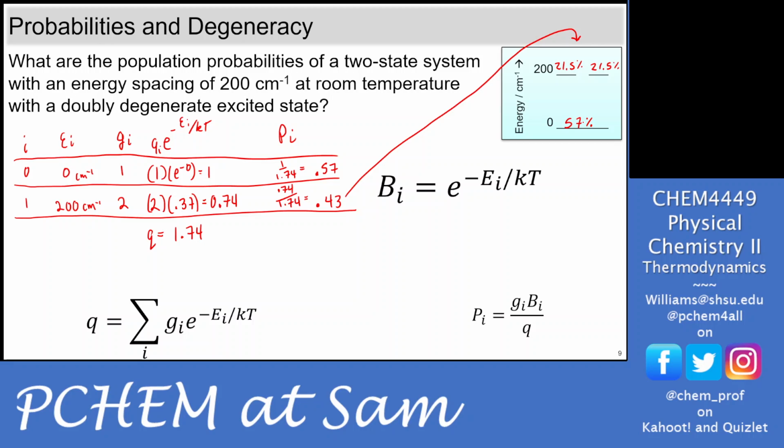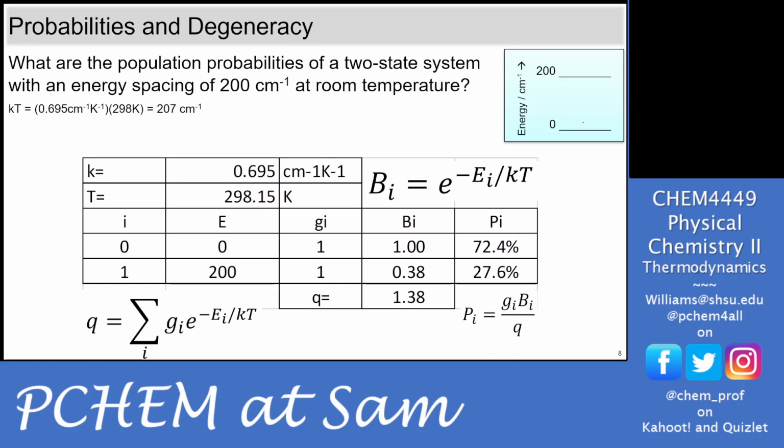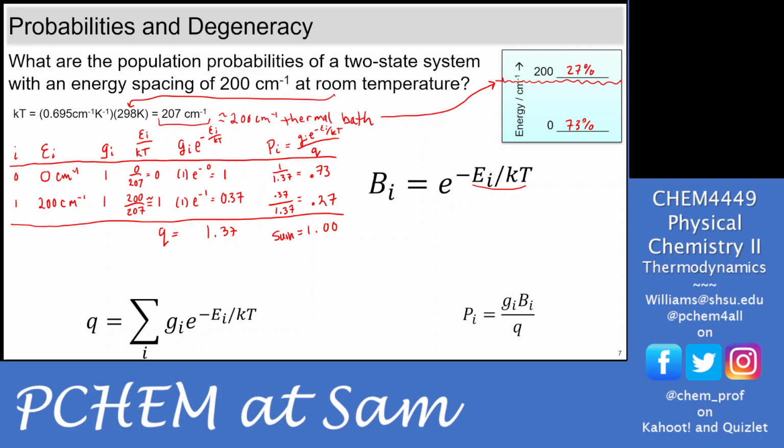Now think about this. It seems so weird to me that we haven't changed the energy spacing at all, but just by putting 2 chairs in the excited state, we have more excited molecules. In the previous calculation, we only had 27% excited.